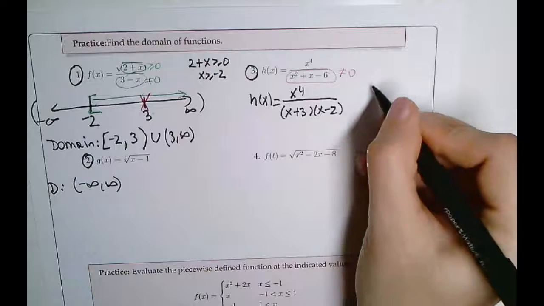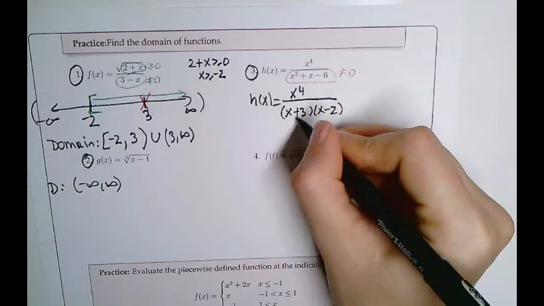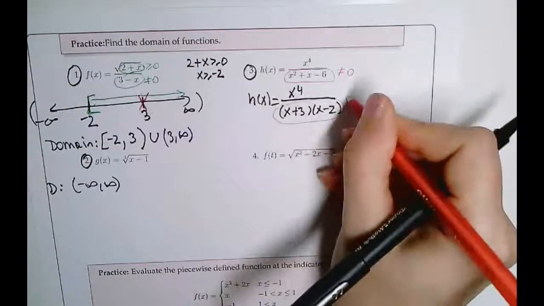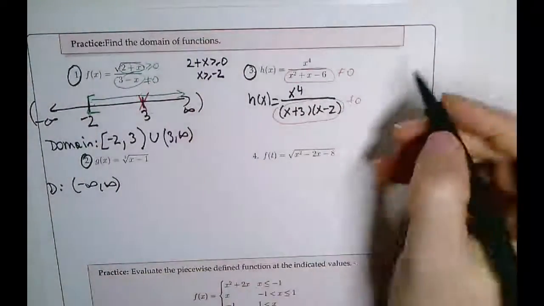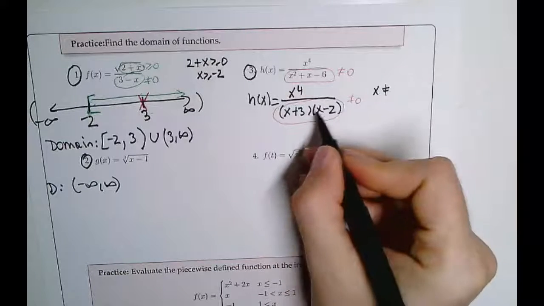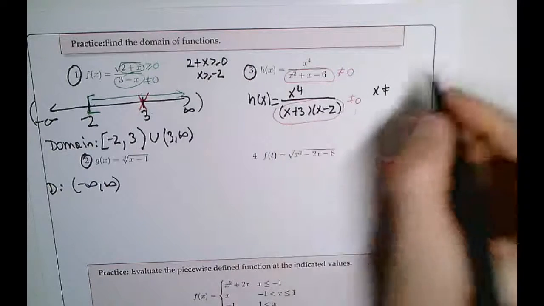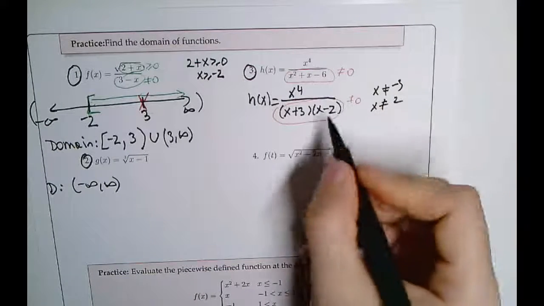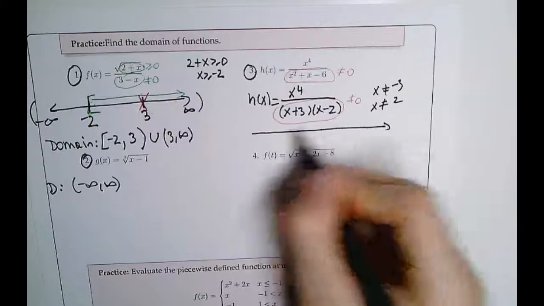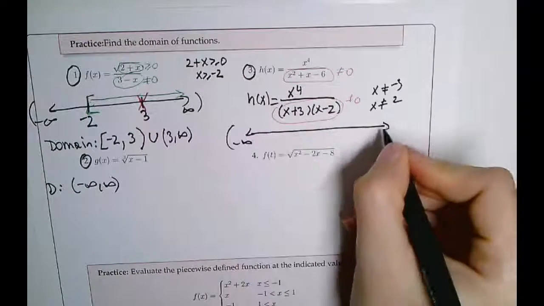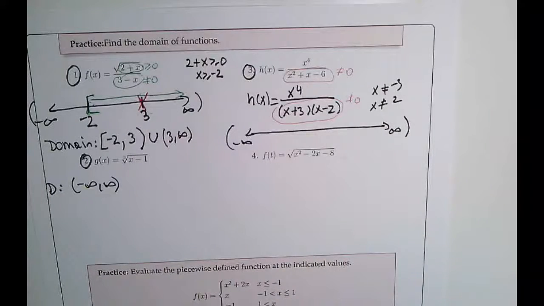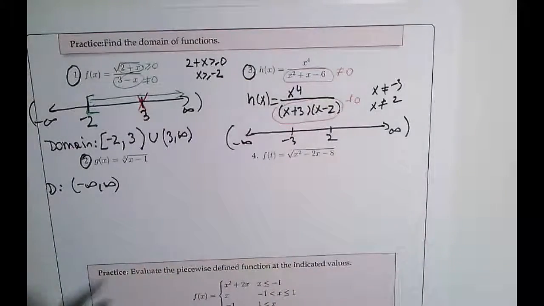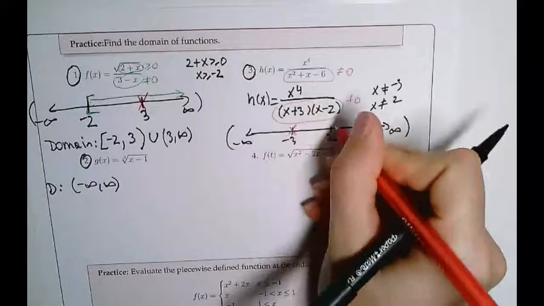So this means that x plus 3 times x minus 2 cannot equal 0. So this gives me that x cannot equal, what can make the denominator 0? Well, negative 3, and x cannot equal positive 2. So if I draw the number line again, and I have that negative 3 is here and 2 is here, for example, so x cannot equal negative 3 and cannot equal 2.